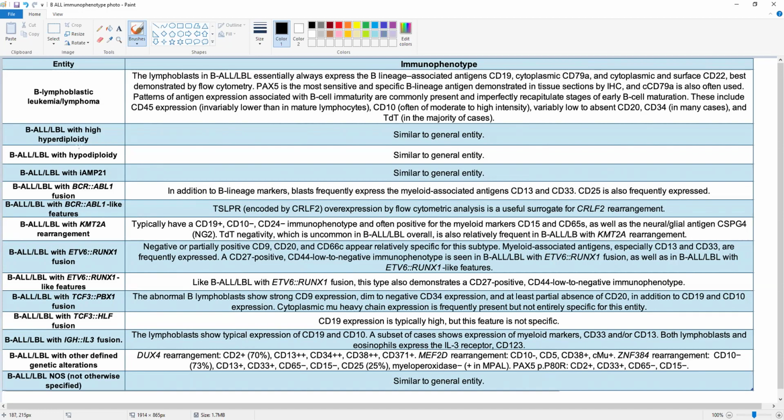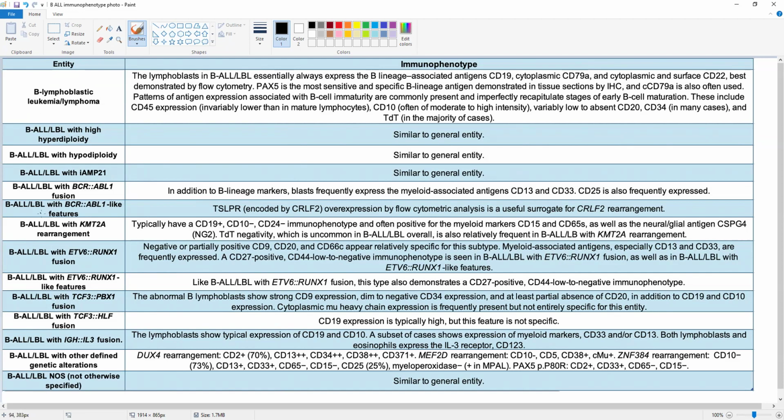As for the entities B-lymphoblastic leukemia lymphoma with hyperdiploidy or with hypodiploidy, or with intrachromosomal amplification of chromosome 21, these usually tend to have a general immunophenotype for B-lymphoblastic leukemia lymphoma. However, some cases, like B-lymphoblastic leukemia lymphoma with BCR-ABL1 fusion or the Philadelphia chromosome, in addition to the B lineage markers, blasts frequently express the myeloid-associated antigens CD13 and CD33, and CD25 is also frequently expressed in this entity.